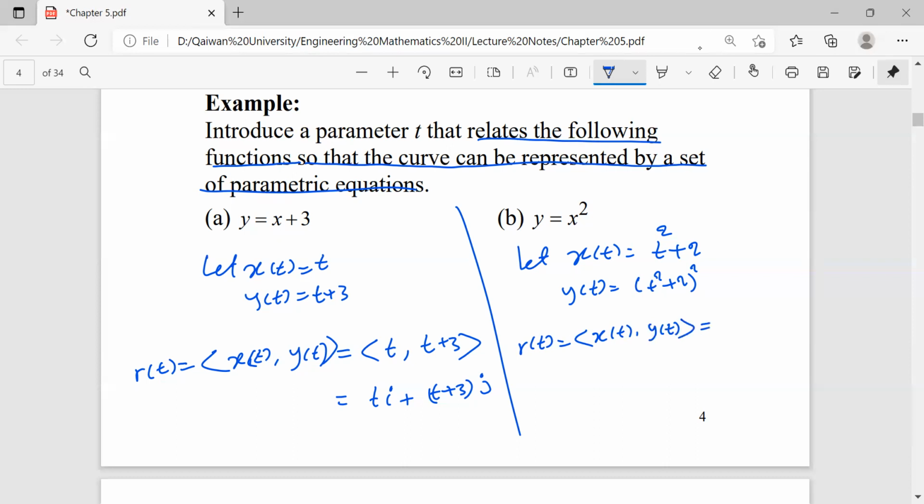This equals t squared plus 2 for x of t, and y of t is (t squared plus 2) whole squared. This is the vector valued function. It could also be represented as (t squared plus 2)i plus (t squared plus 2) squared j.